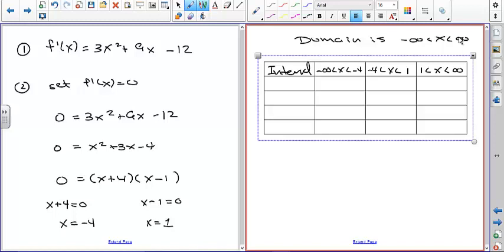Unless you're told otherwise, the domain that we look at is the domain for the function. So if I had the square root of x, I wouldn't include negative numbers. For trig functions, we could do negative infinity to positive infinity, but we typically use 0 to 2 pi, so one oscillation.